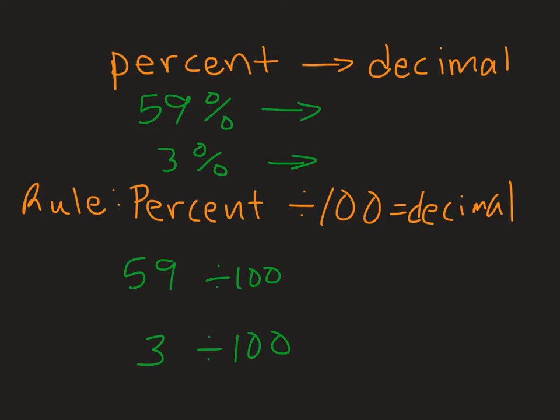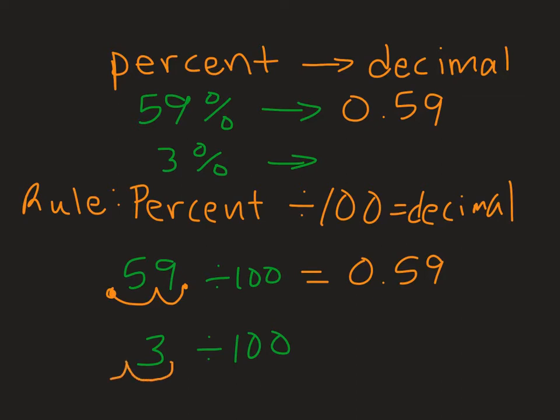So where's the decimal in 59? After the 9. Twice to the left means our decimal is 0.59 or 59 hundredths. And for 3%, the decimal would be here. We move it twice to the left. It creates a gap that we fill with the 0. So that's going to be 3 hundredths, written like that.